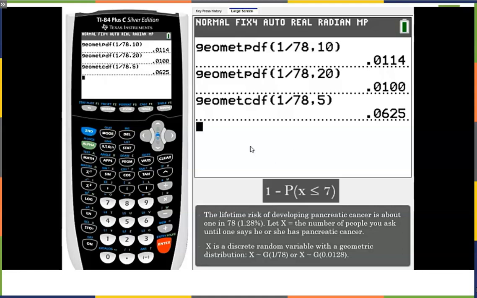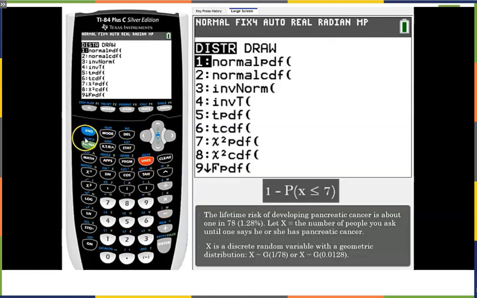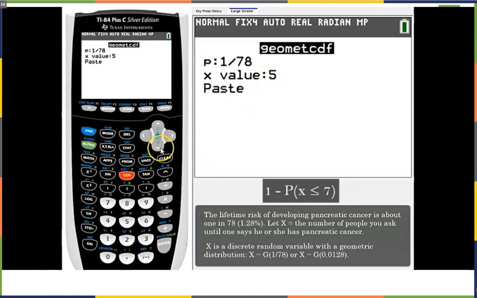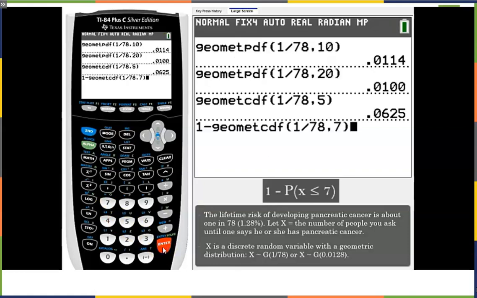So I'm saying 1 minus, and then I'm going to go back to my CDF function and change the 5 value to a 7. And this is the likelihood I'll have to ask more than 7 people to get a response that is positive: 0.9136.